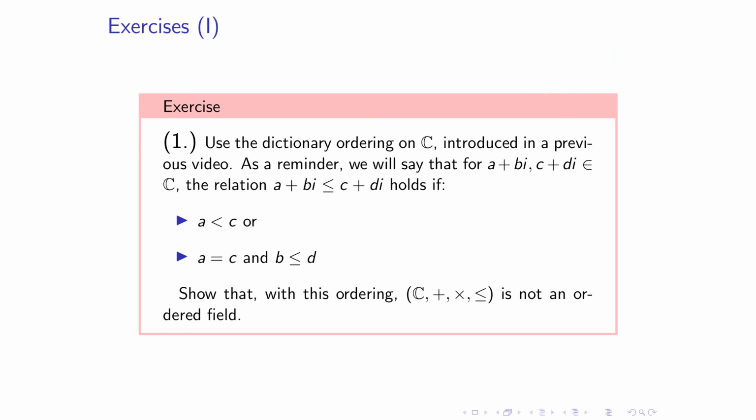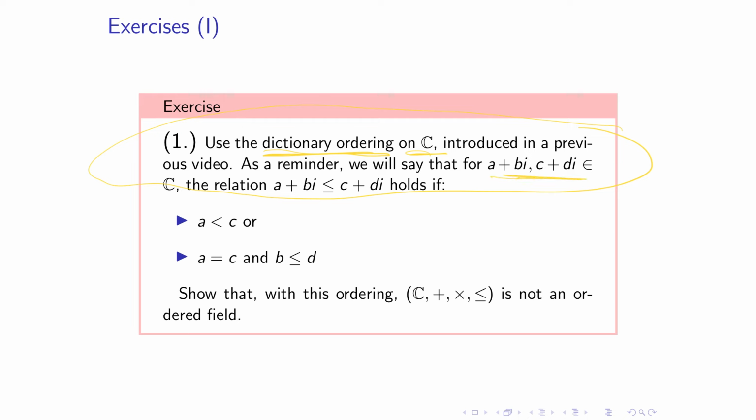Okay, let's just introduce some exercises now. As I was talking about a few minutes ago, let's consider the dictionary ordering on the complex numbers. I'm just going to remind you of what that was defined as.